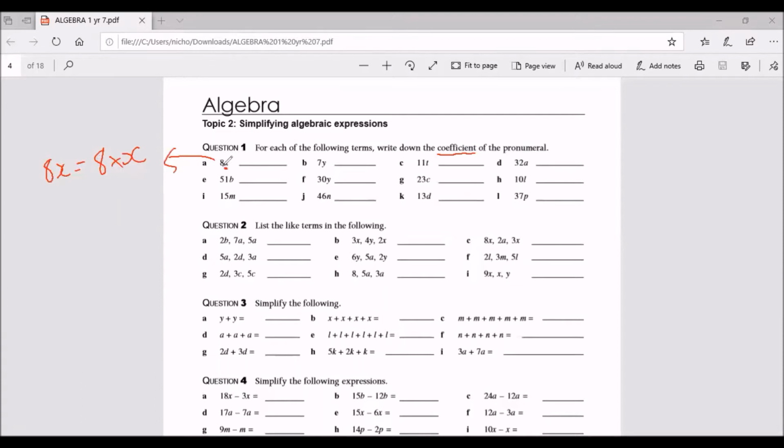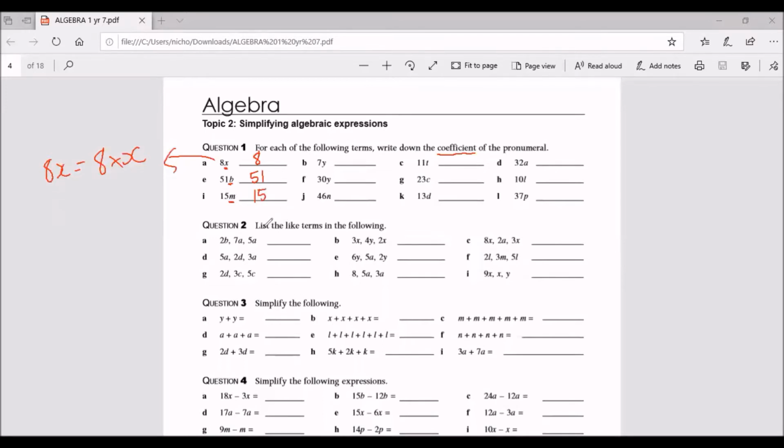So because it's times, that means 8 is my coefficient. So I'll write 8 here. And here, in E, my pronumeral is B, so my coefficient is going to be 51. And here, my pronumeral is M, because that's the letter, and my coefficient is 15, so the answer is 15.